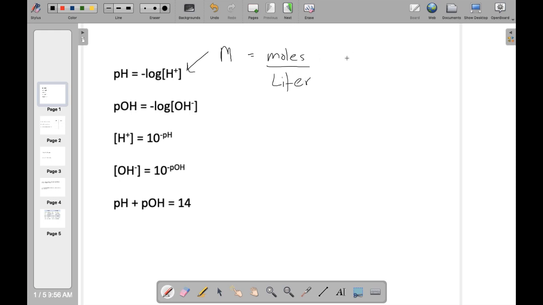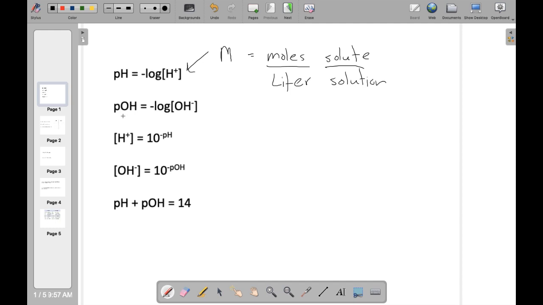So moles of solute per liter of solution. That is back in the unit on solutions. Now the solution is going to be water. The solute will be whatever we decide to put in there. Could be hydrochloric acid, could be nitric acid, could be anything else. Okay, and remember that this is a ratio.